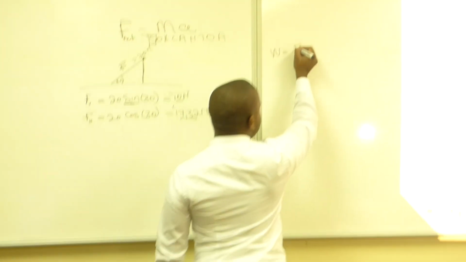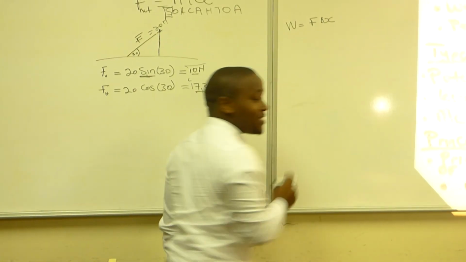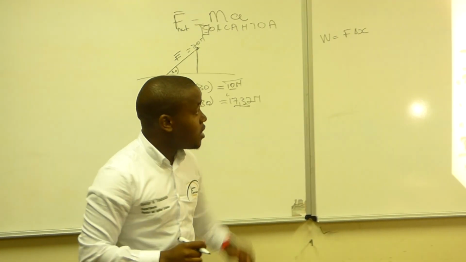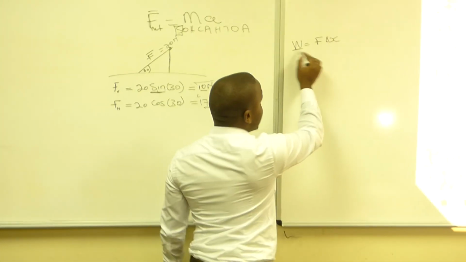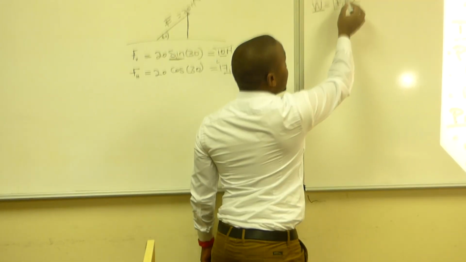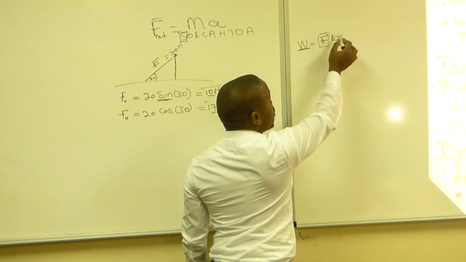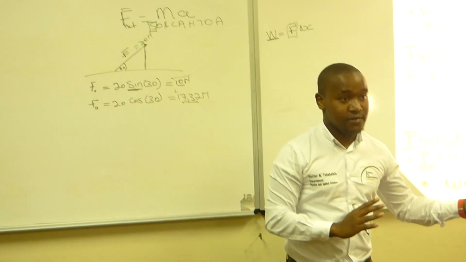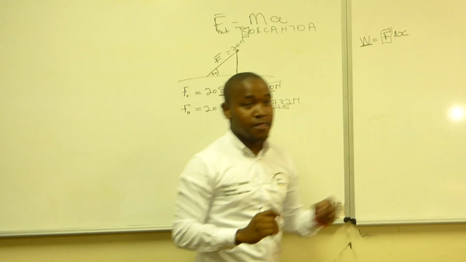So I claim that it's F delta X. Now I'm saying work is done if I apply a force on an object and that force causes the object to move a certain displacement, delta X. Now that is work.